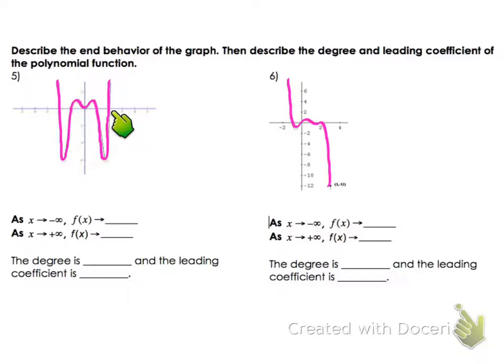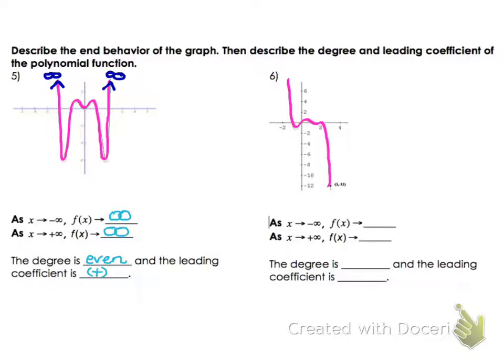As x goes to negative infinity, in other words, you're starting here and taking a walk towards negative infinity, this arm of the graph is going up. So we say it's going to positive infinity. Both sides are actually going to positive infinity. So if it has the same end behavior, it's going to be even. And the leading coefficient is positive because the right arm of the graph is going up.